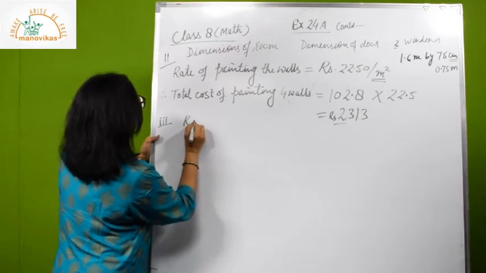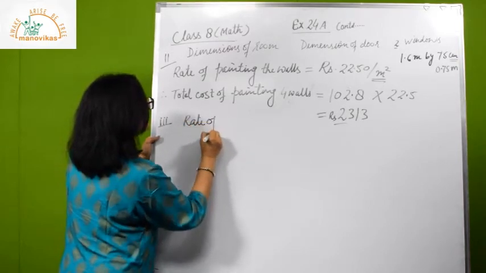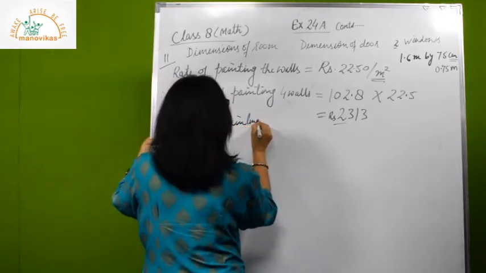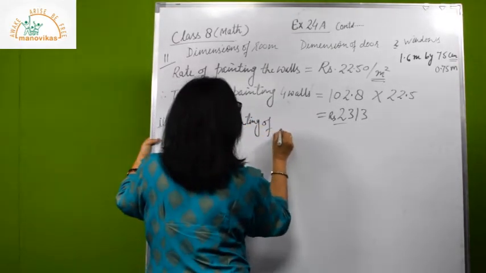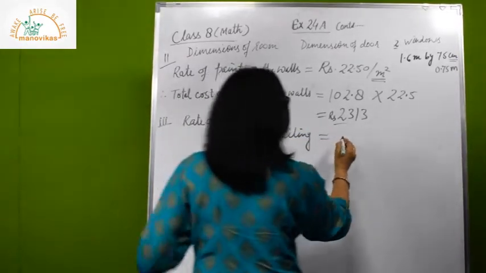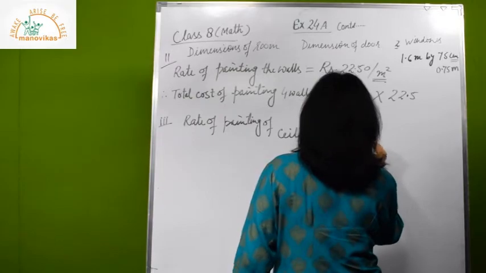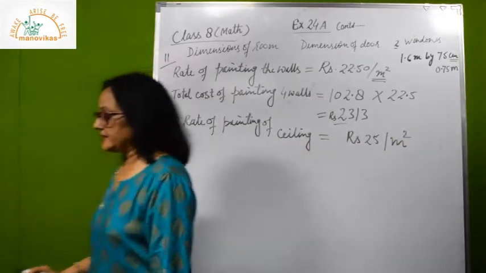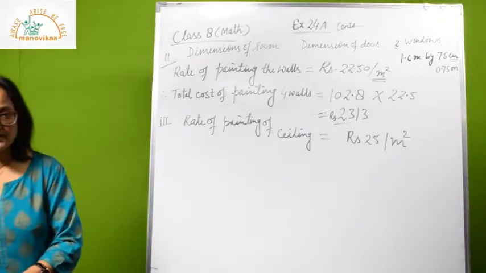Rate of painting of ceiling is given as rupees 25 per meter square. This is the rate of painting the ceiling given to you.